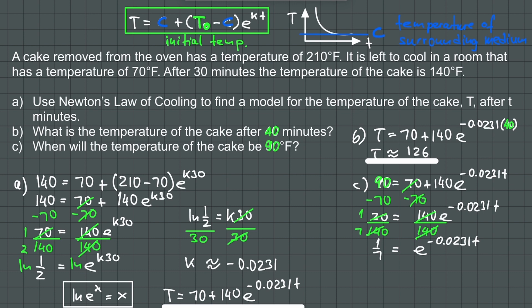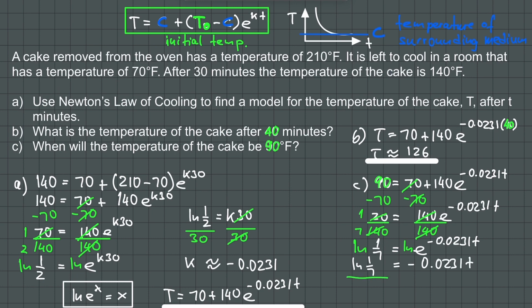And after taking the natural logarithm on both sides and simplifying the right side using ln of e raised to the power of x equals x, we get ln of 1/7 equals the negative of 0.0231 times t.